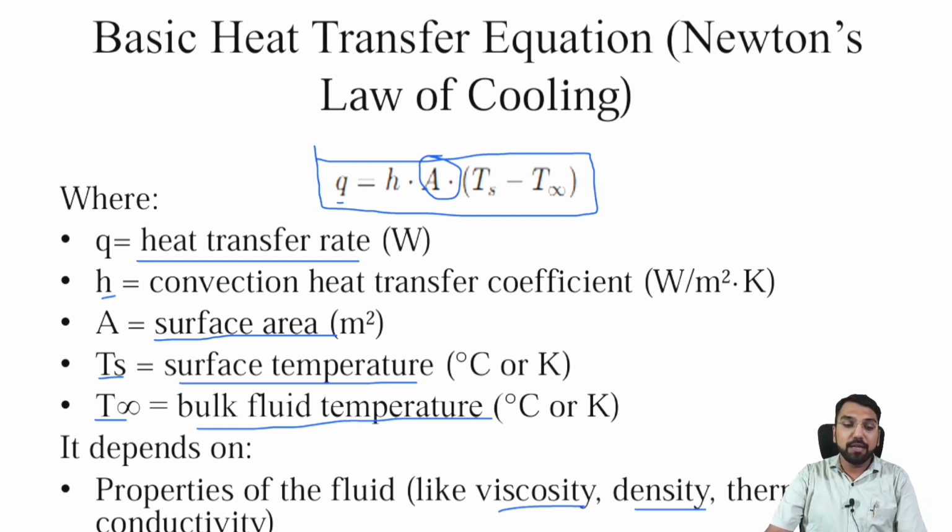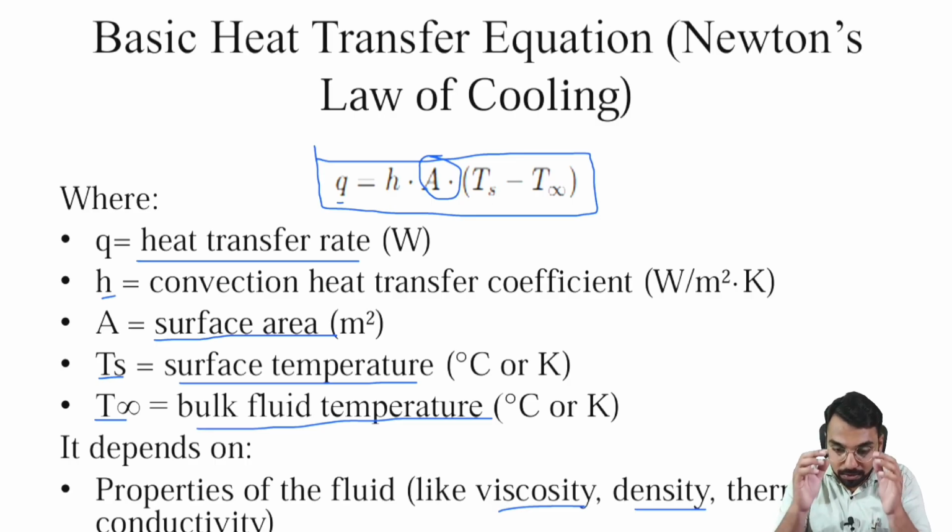If the nature of fluid flow is laminar, then the H value, H meaning the convective heat transfer coefficient, will be less, and for turbulent the convective heat transfer coefficient value will be more.